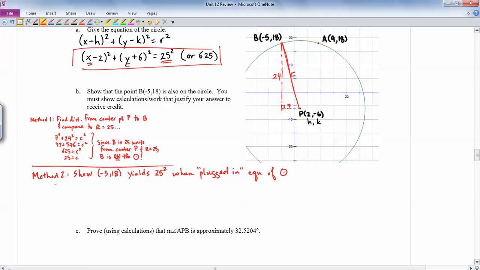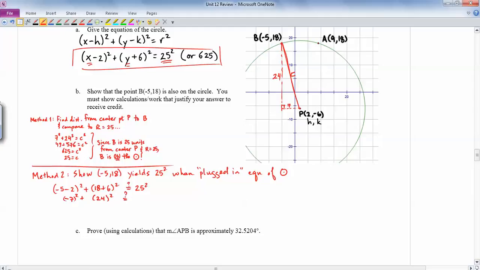Okay, so we're going to take (x - 2)² + (y + 6)², and we're going to check if that equals 25 squared. So notice I'm using that question mark there because I don't actually know it equals 25 squared yet. And the x I can replace with the -5, and the y I can replace with 18. And when I work this out, I get (-7)² + 24².